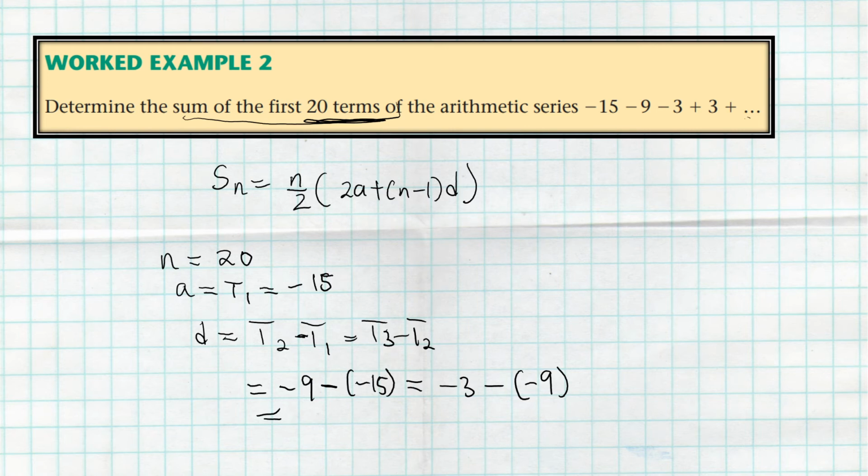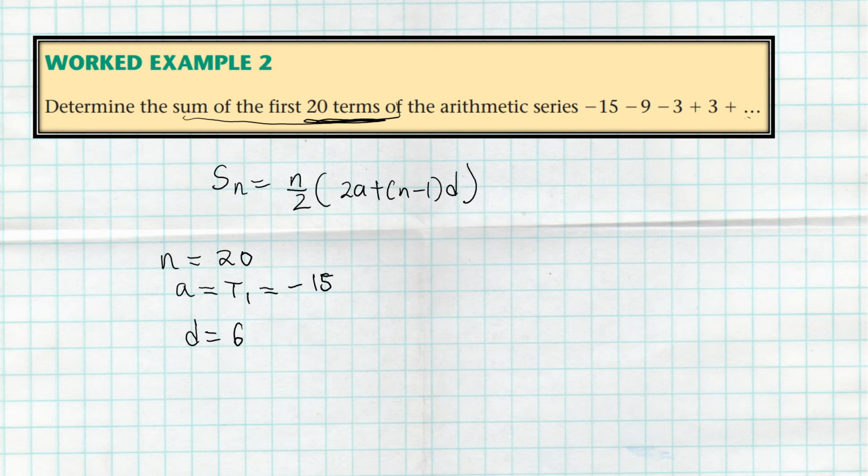So it's going to be minus 9, negative and negative, positive 15. Then this side is minus 3, negative and negative, positive 9, right? So minus 9 plus 15 is 6, right? It's 6. And minus 3 plus 9 is what? It's also 6. So we know the common difference, our d, is equal to 6. Okay.